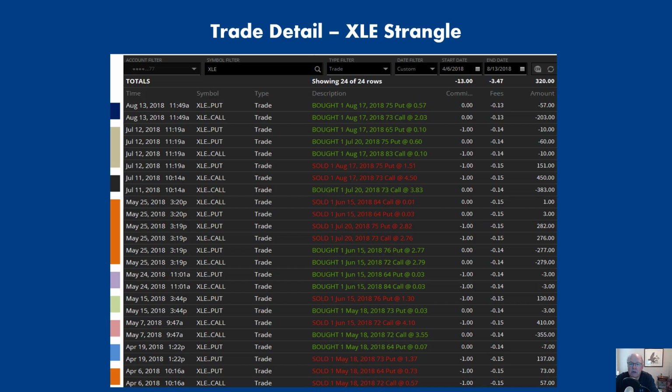This slide is showing you the trade detail that we went through from the initial trade, which you can see at the bottom, April 6th, the put and the call, sold the call for 57, the put for 73, which was the $1.30 or $130. And of course, that was done as one transaction. And then subsequent to that, you can see all the adjustments and rolls that we did to continue to manage this trade to profitability.